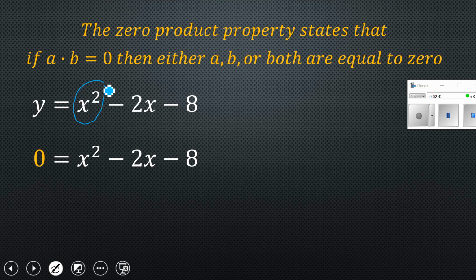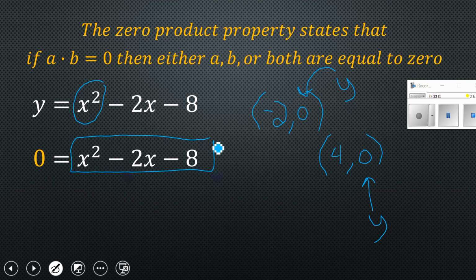Because remember the examples we looked at: -2, 0 was one solution, and 4, 0 was one solution. For both of those examples, and true for all cases when we solve quadratics, y equals 0. So that's your first step: set y equal to 0 in the equation, and make sure that you get all the terms on one side.